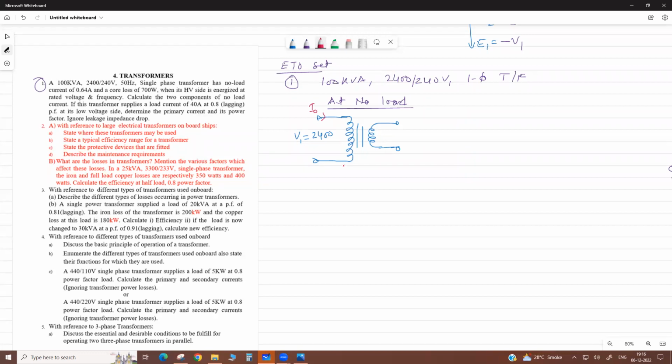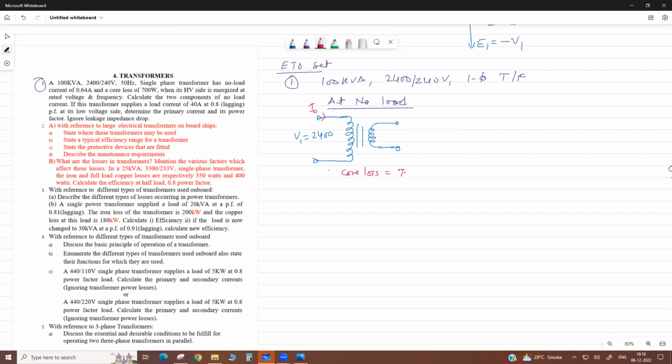So what is given at no load? The no load power input and core loss are given. You know, in the open circuit test we measure this power input. No load power input equals the total core loss.